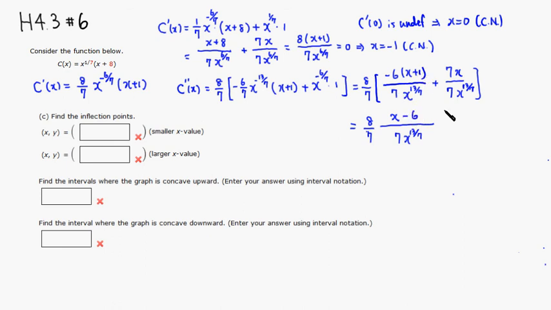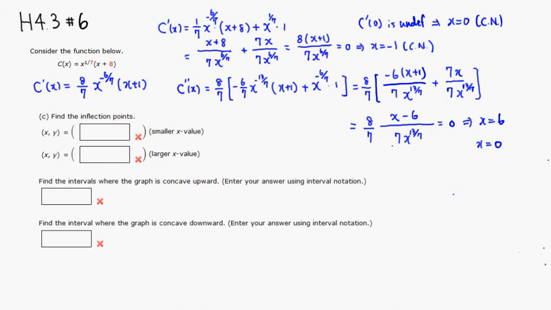If you set that equal to 0, you can see that x equals 6 is one of them. Also, the second derivative doesn't exist, so we have to look at x equals 0 as well.